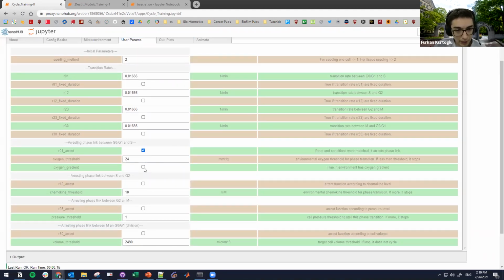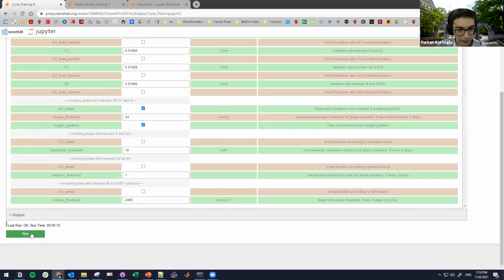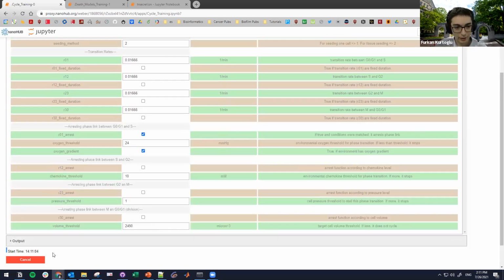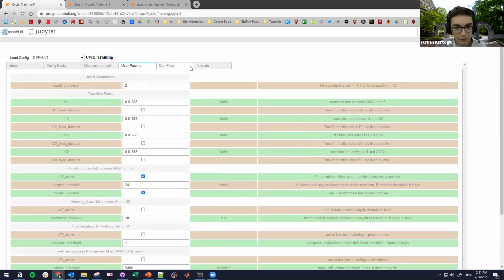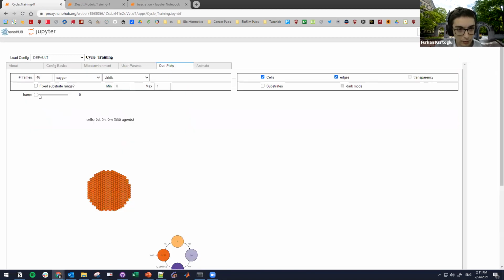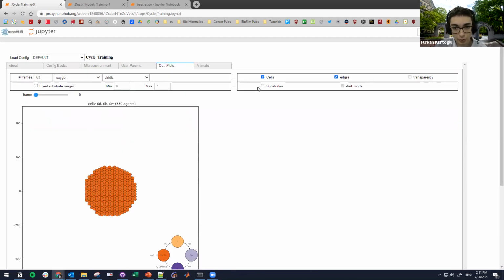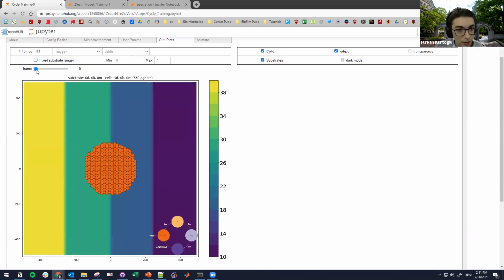So let's make an oxygen gradient. This was seeding oxygen at 20, but now we wrote a function that makes a gradient of the oxygen, and let's see how it looks. Also I would like to show the substrate level too. So here, what you are seeing is the oxygen level is 38 here, and it's decreasing, and this is 10.